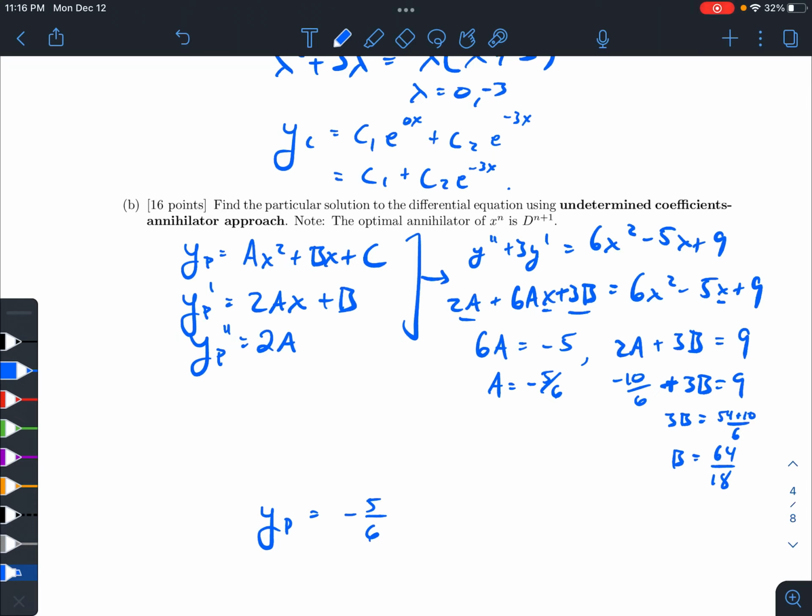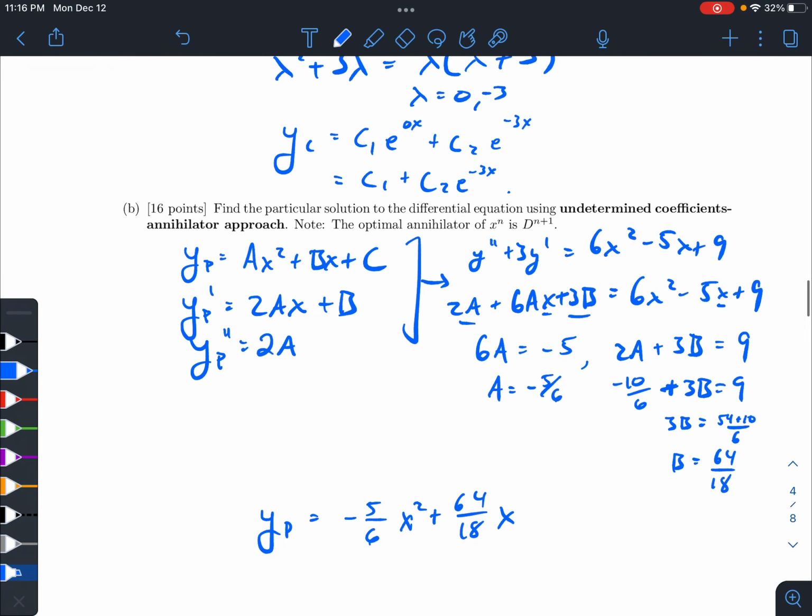Wait, hold on, something's fishy. What happened to the c? All right, let me just write down what I think it's supposed to be. x squared plus 64/18x. And then what's up with the c?